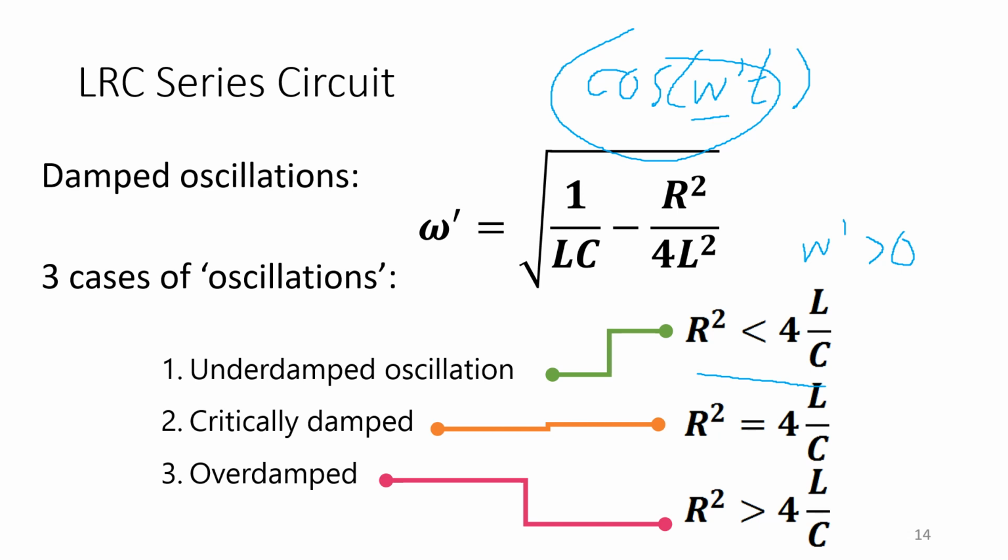If R squared is greater than 4L over C, you'll have a negative argument in your square root, and you'll have an imaginary term. We haven't really discussed what happens if you have an imaginary angular frequency. This is one of the reasons why we're not delving too much into the shape of the solutions themselves, but rather the graphs of the solutions. So we're going to focus on the behavior of these graphs.